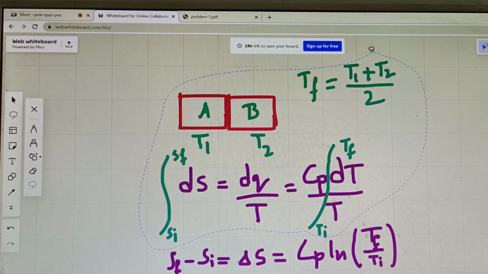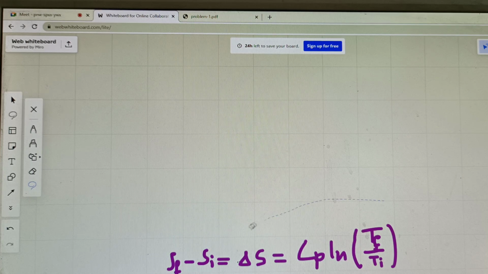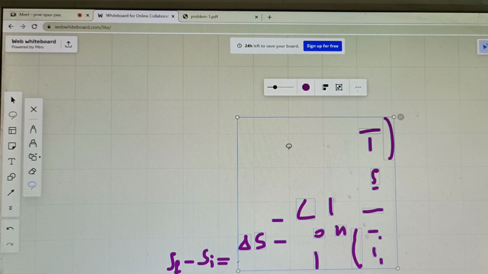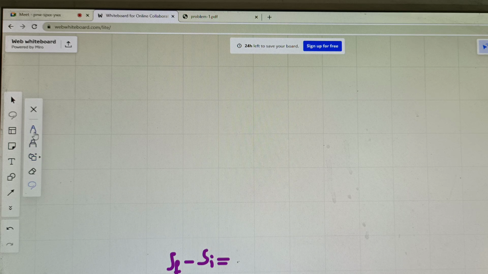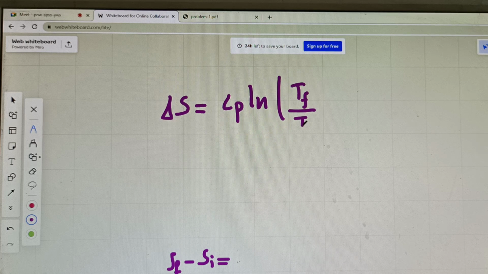This is the general expression: delta S equal to Cp ln Tf by Ti.